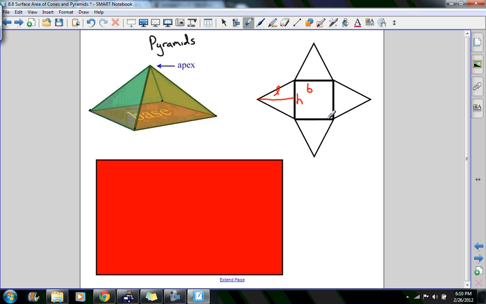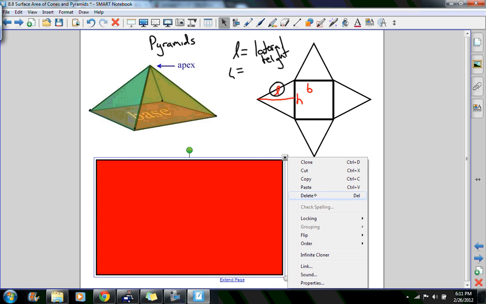Here's the bottom rectangle, and then each of these triangles on the outside. This thing right here, that's an L, okay? So it could also be drawn like that. And what that means is lateral height. You'd ask, why don't we draw it with an H? Well, we already have an H in the picture.